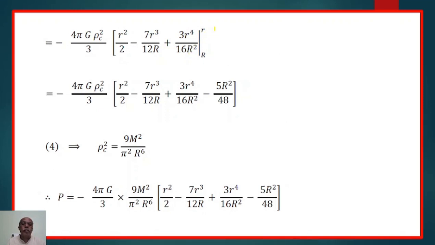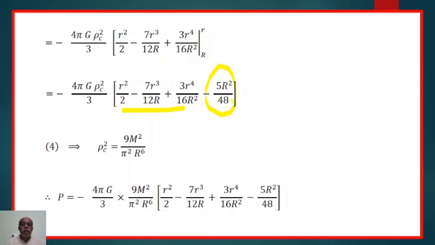Substituting the limits of integration: first we substitute the upper limit, and then we substitute the lower limit. Substituting the lower limit and simplifying, we get minus 5R square by 48.